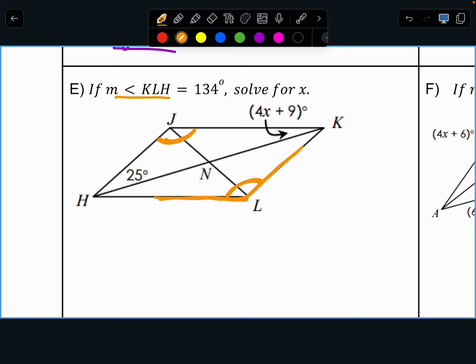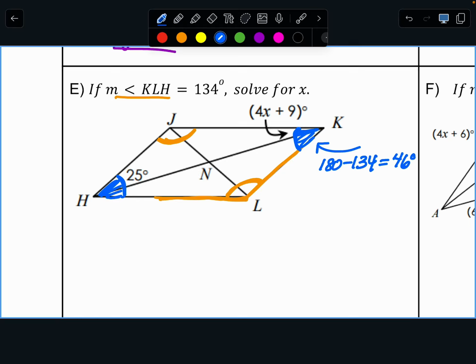These are both 134. What does that mean the two small angles are? The whole thing. This angle is 180 minus 134, which is 46. So this blue piece is 46 degrees.